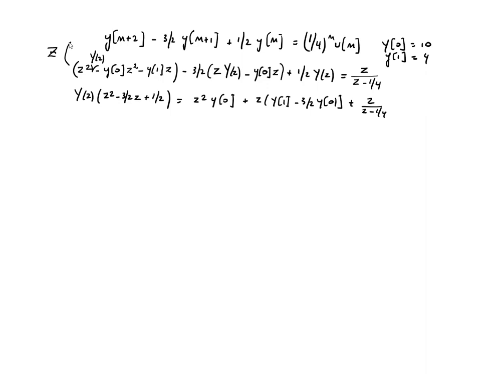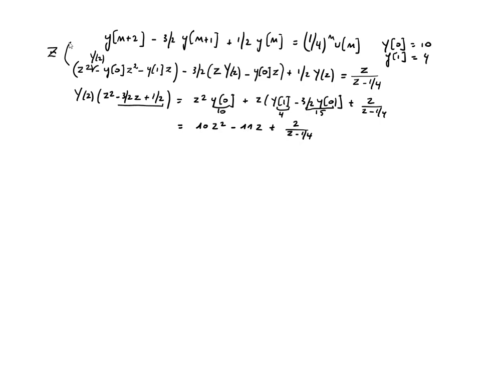So this will be 15, right? This is 4, and this is 10 here, so we have 10 z squared minus 11 z plus z over z minus a quarter, right?